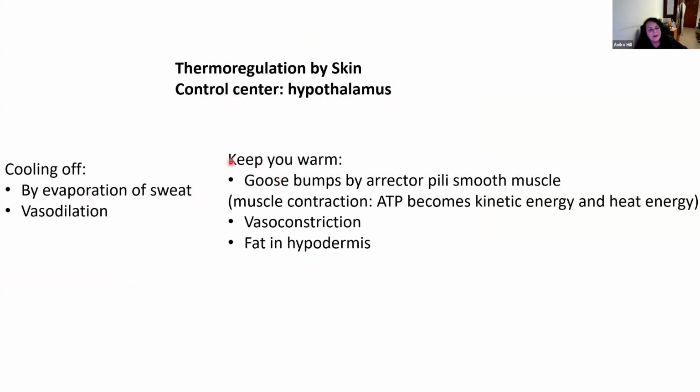And in terms of keeping you warm, you remember the goosebumps by the arrector pili muscle? Muscle contraction creates ATP, and the ATP becomes kinetic energy and heat energy. Okay, vasoconstriction also preserves heat, and of course, our favorite fat in the hypodermis.